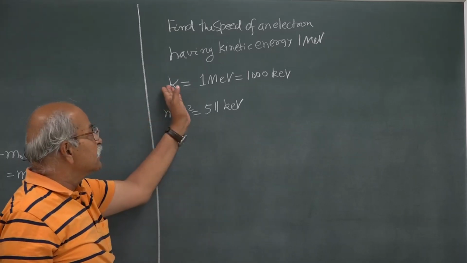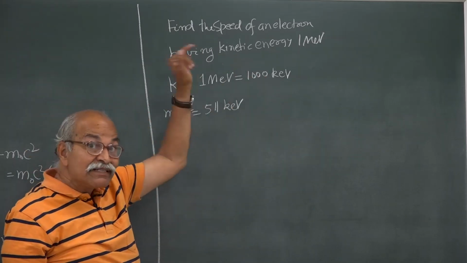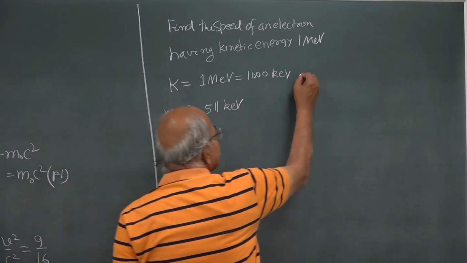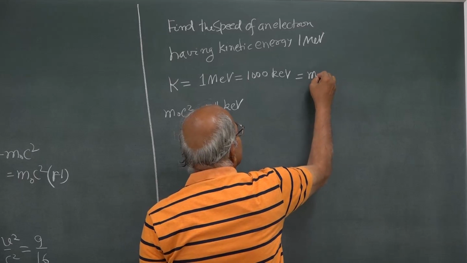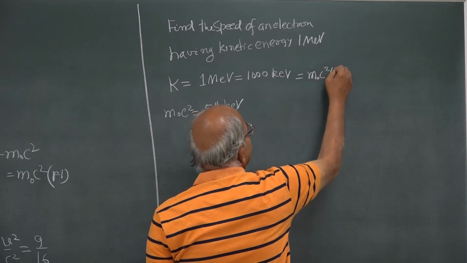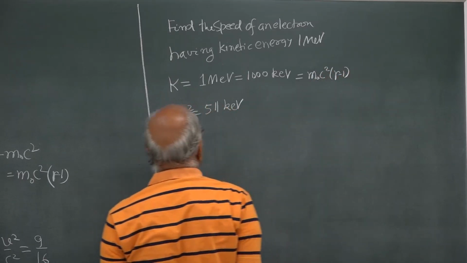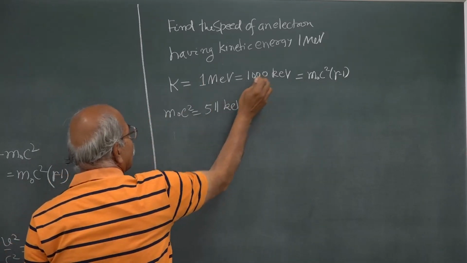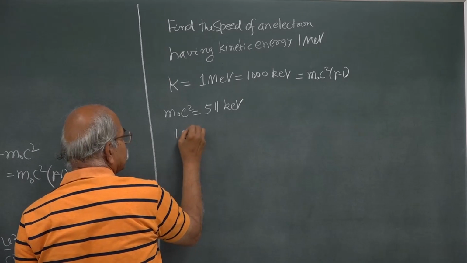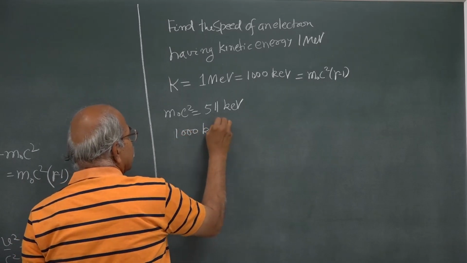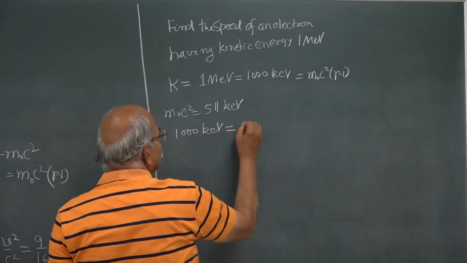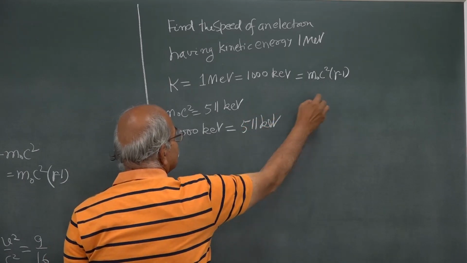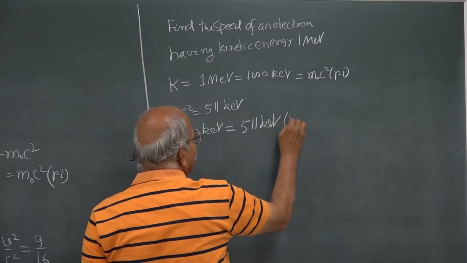So the relativistic expression for kinetic energy must be used here, and that expression is m naught c square into gamma minus 1, where m naught c square is 511 keV. So you have 1000 keV equal to 511 keV into gamma minus 1.